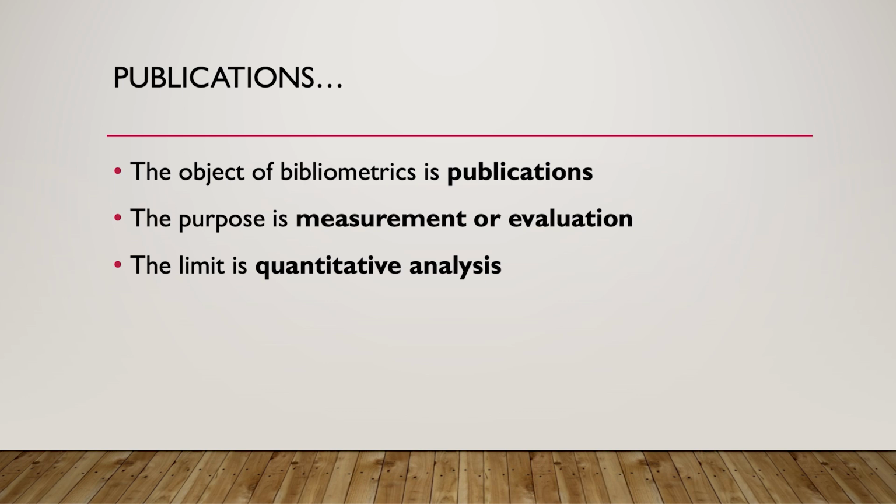Now we count publications in Web of Science or in an online environment, so it's a little bit easier, but still the purpose of this activity is measurement or evaluation of scientific productivity.